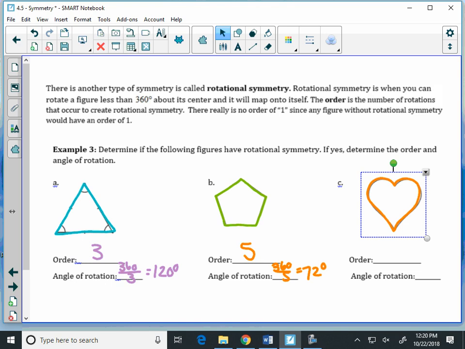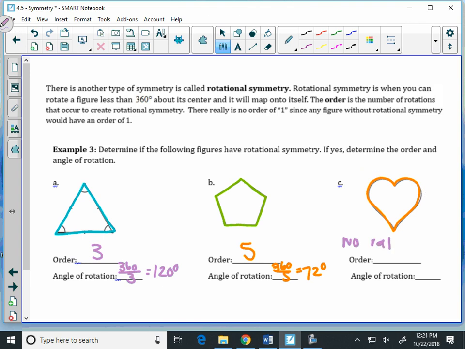And when that happens, when it has an order of 1, there's no rotational symmetry. We saw from the other one it had line symmetry, but there's no rotational symmetry. Think, if the angle of rotation ends up being 360 degrees, there's no rotational symmetry. The angle of rotation has to be less than 360 degrees.